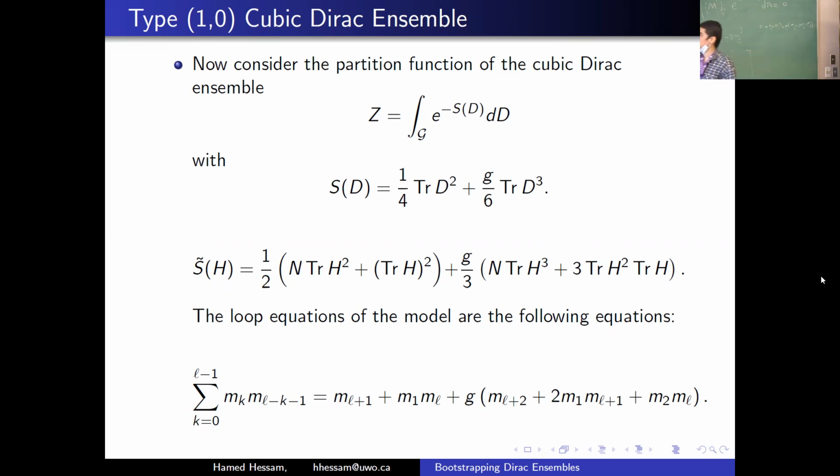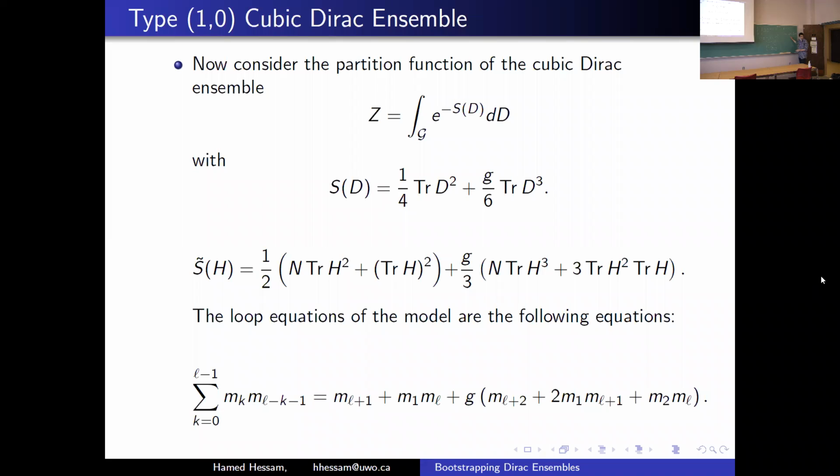When L is 0, the left-hand side vanishes. What is the second term, m1 squared? The second term is m1 times m_L, which is m0, so that becomes m1. The first one is also m1. So that's m1 plus m1. Sorry, I made a mistake.